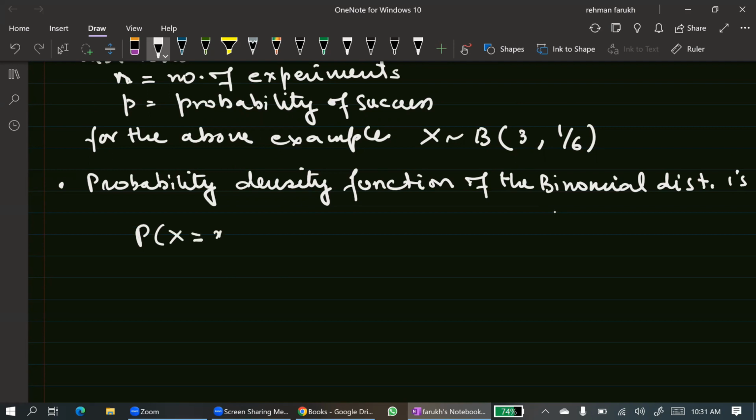Probability of x is equal to nCr p raised to r and q raised to n minus r.